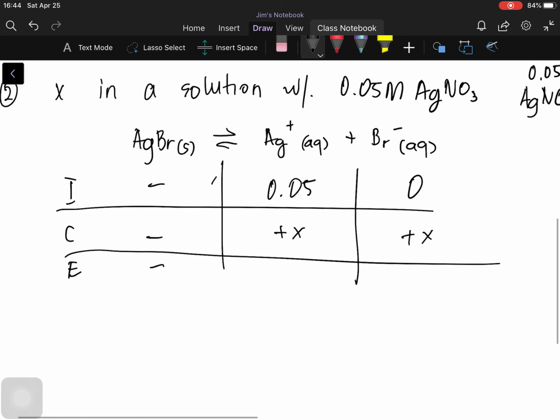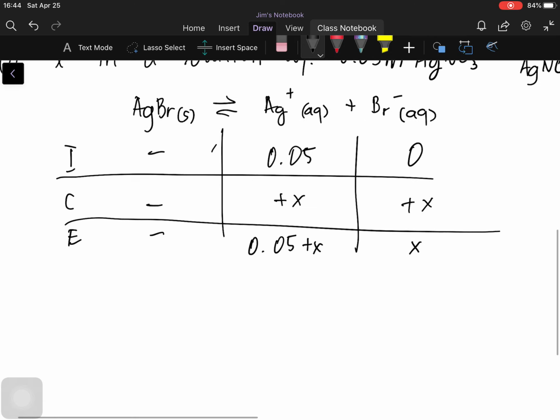Then for equilibrium, that is just 0.05 plus x for silver, and x for bromide. Then we proceed solving for x. x is still the molar solubility, because the 0.05 here is already present in the solution. That doesn't represent the solubility of our precipitate. We're just going to look for the value of x.